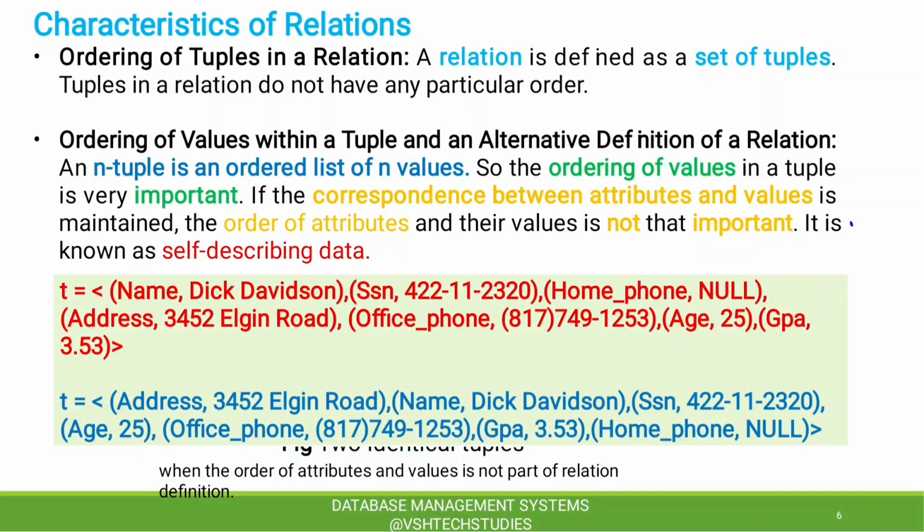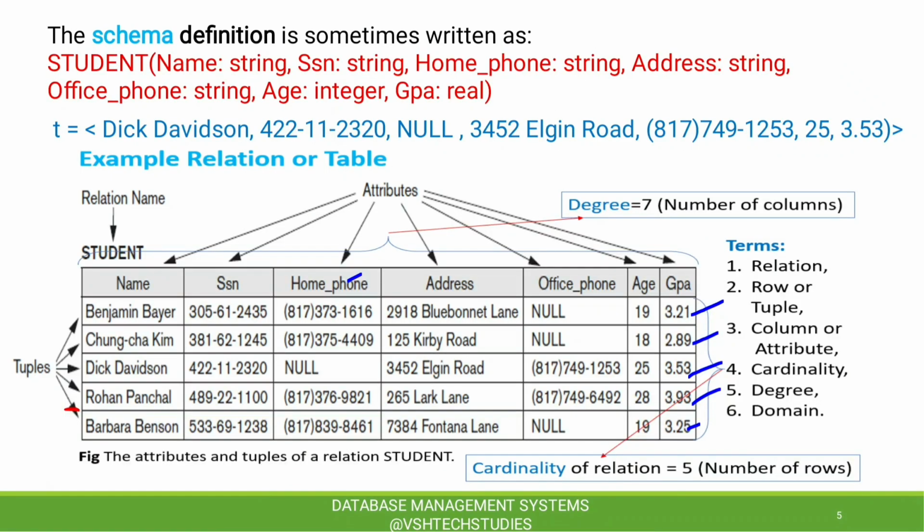Next, the second characteristic of a relation, that is with respect to ordering of values within a tuple, and an alternative definition of a relation. A tuple is an ordered list of values. An n-tuple is an ordered list of n values. So the ordering of values in a tuple is very important. If you consider this tuple here, the third tuple, the name attribute has the value Dick Davidson.